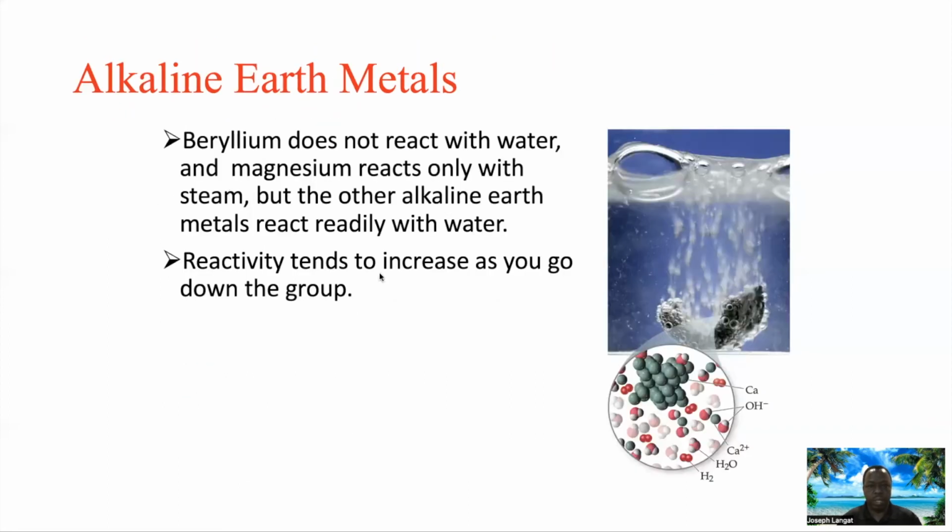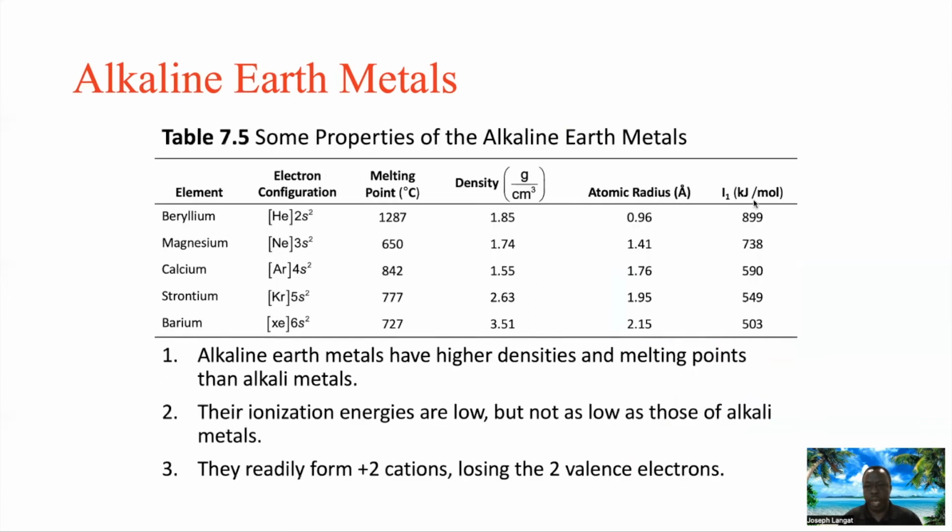Before that, this is what I'm saying: reactivity tends to increase as you go down a group because of the ease with which it is possible to remove the valence electron. Go back here and look at the ionization energy as you go down.